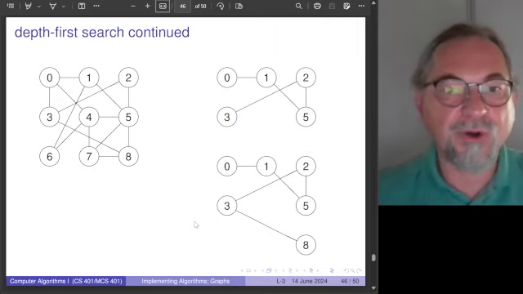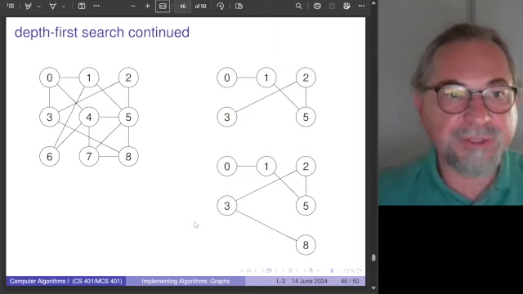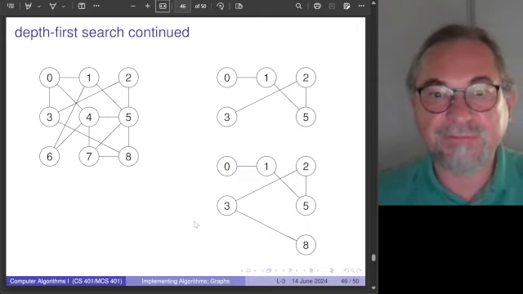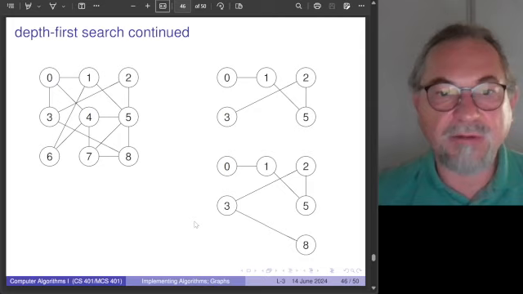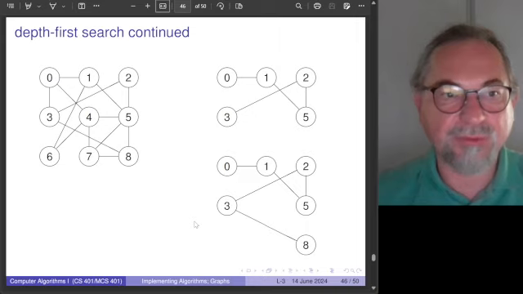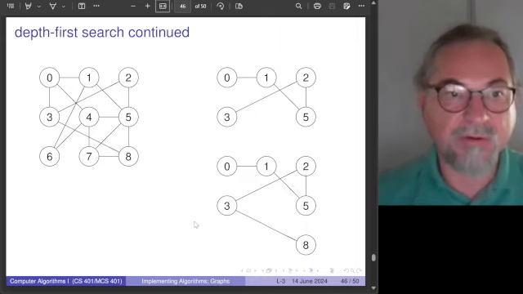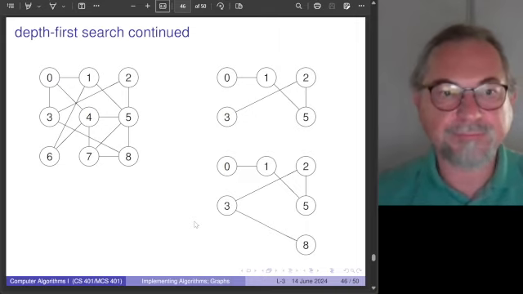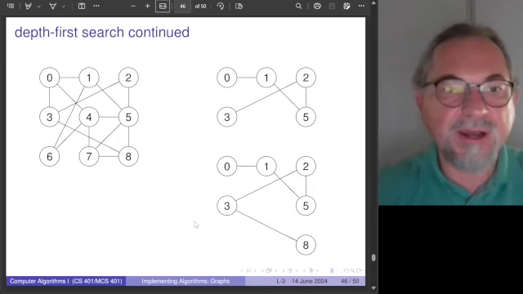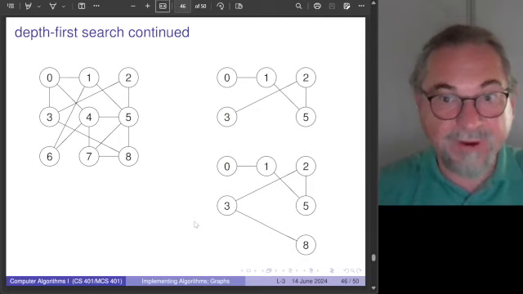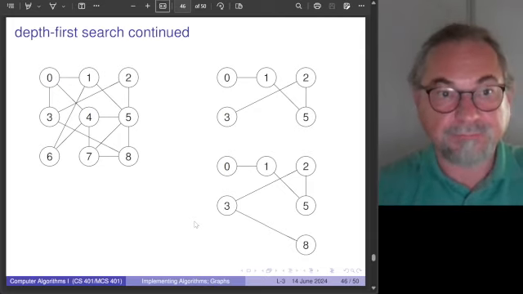At 2, we go to 3. From 3, we have 3 choices because the degree of the vertex is 3. But we have only one choice, and actually we can't go back to 2, but we can go to 8. From 8, we can go to 5, but 5 is already written down.